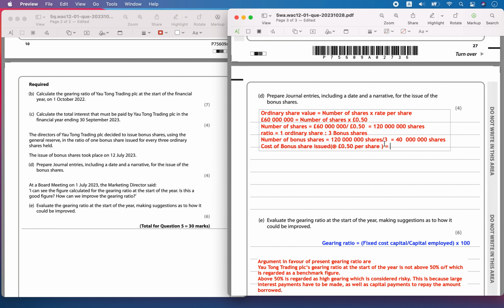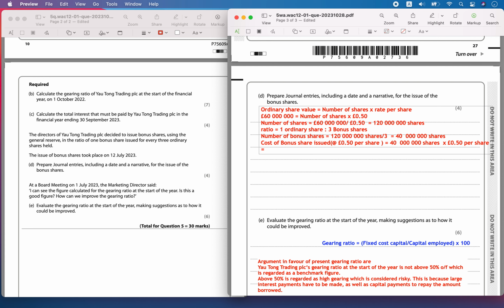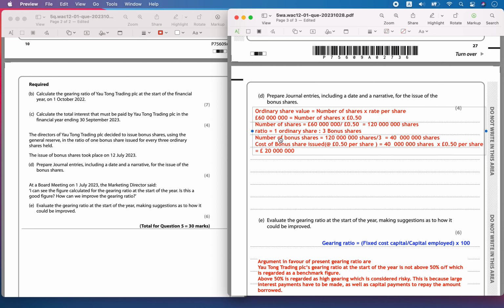That is going to be equal to 40 million shares times 0.5 per share. That's the value, so that is going to be equal to 20 million pounds. That is the value that is going to be issued. So 20 million worth of bonus shares is going to be issued. Now where are they going to issue from? They are going to issue from the general reserves.